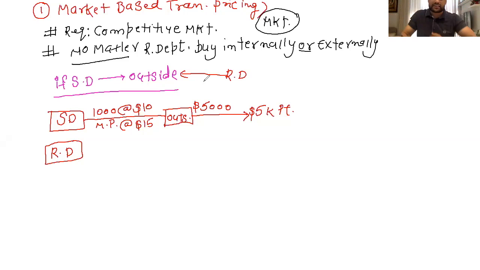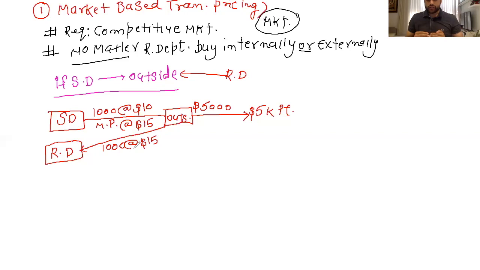So let's say the receiving division is buying from outside. This outsider is supplying to the receiving division, and the cost is $15 per unit. So let's say the receiving division is buying 1,000 units at $15.